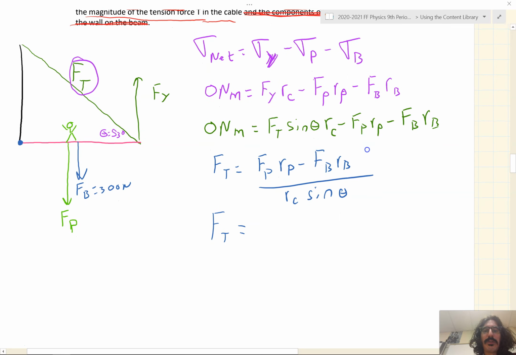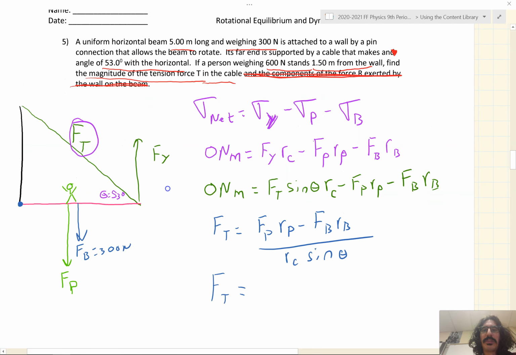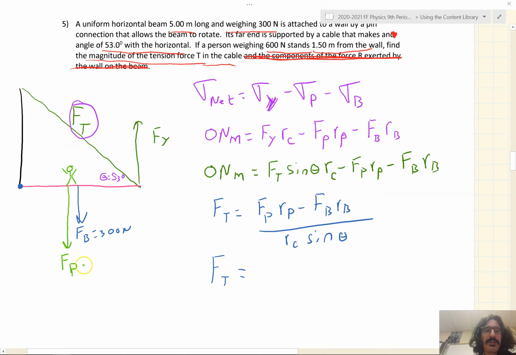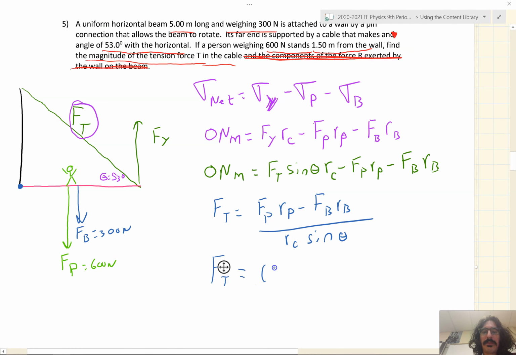That gives us the force of the person. Didn't label it over there, sorry. The force of the person, 600 newtons, times how far they are away from the wall, which is 1.5 meters to the right, minus the force of gravity from the beam, which we're told is 300 newtons.